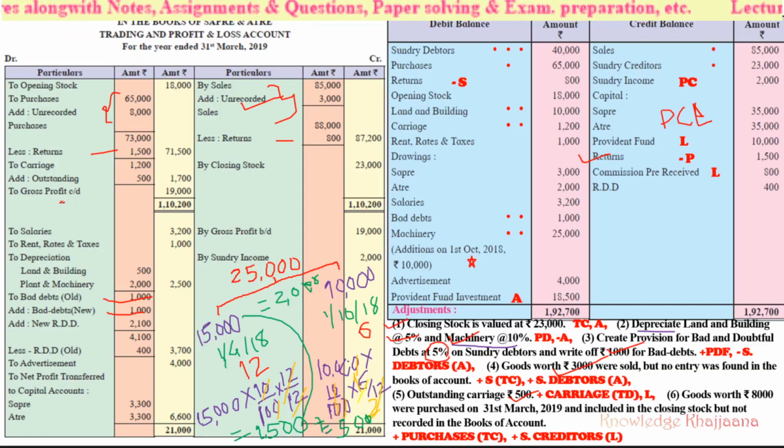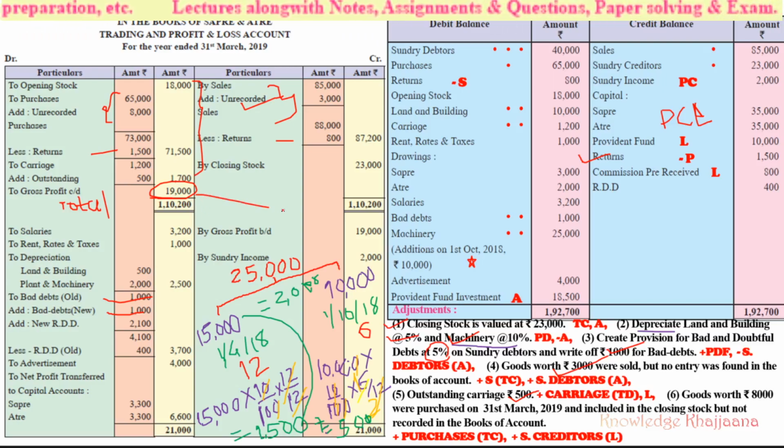So we write this total over here, 1,10,200, and we calculate the total of the other side and deduct it from rupees 1,10,200. So gross profit will come to 19,000. This gross profit we have to bring down to the profit and loss account credit side.